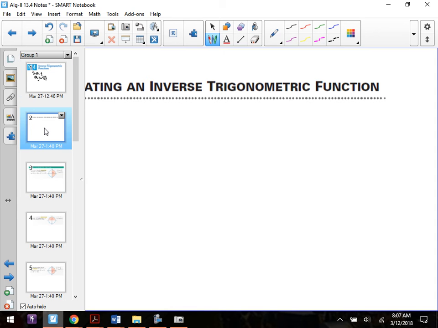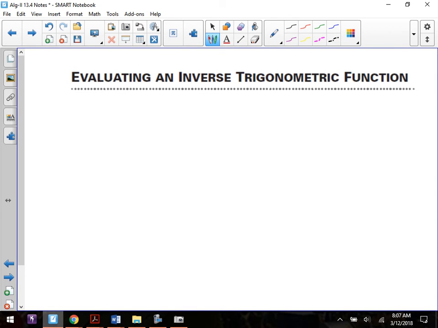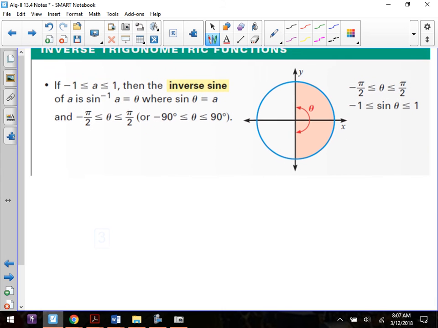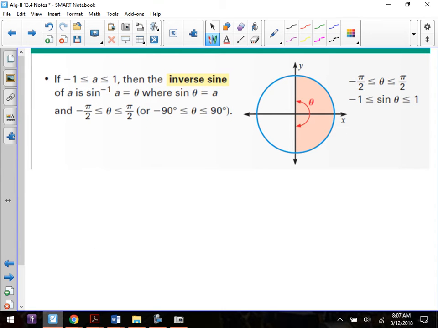For example, sine values. When we're trying to figure out what value of sine we're going to look for, we're going to search for values of sine between pi/2 and -pi/2.